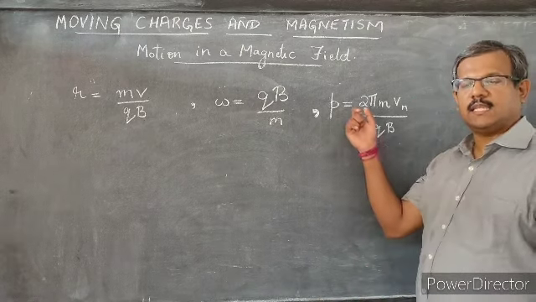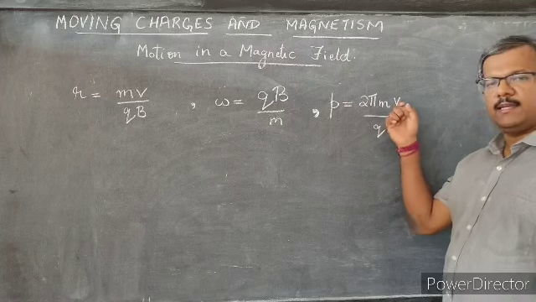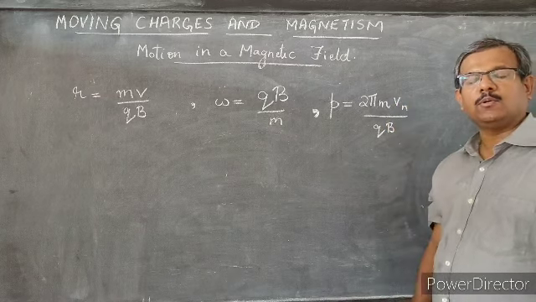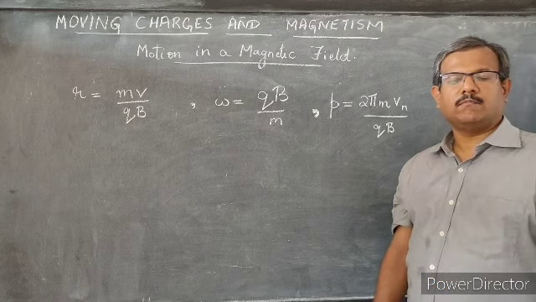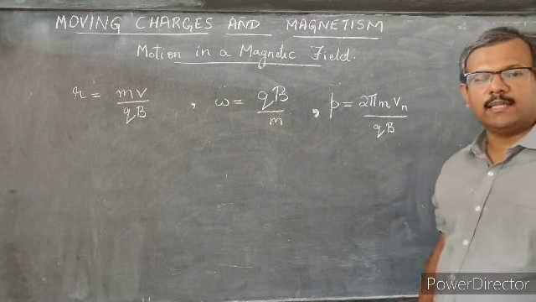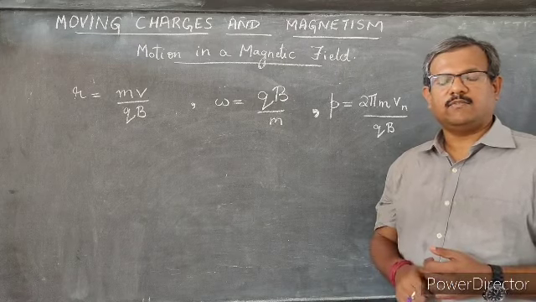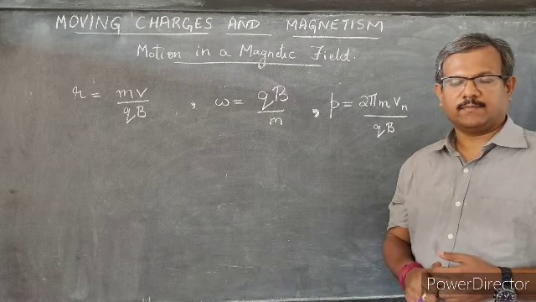We said pitch is equal to 2 pi into mass into the normal component of the velocity being exhibited by the particle divided by the charge and the magnetic field strength.